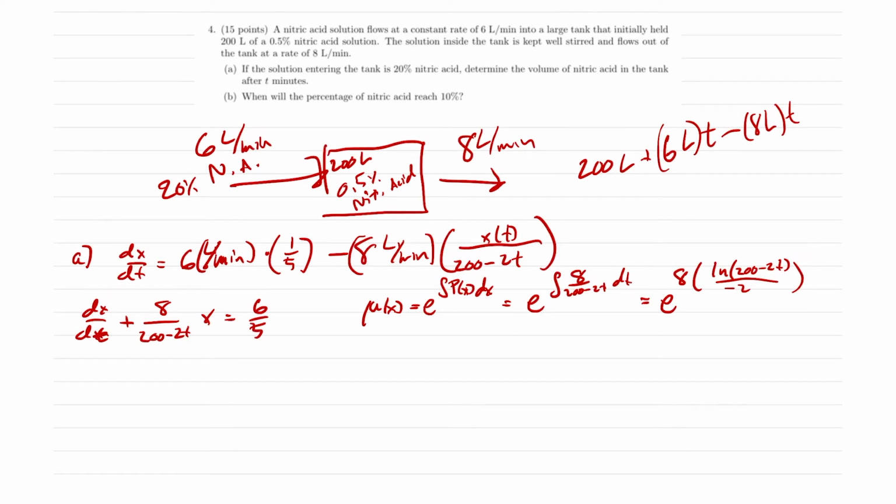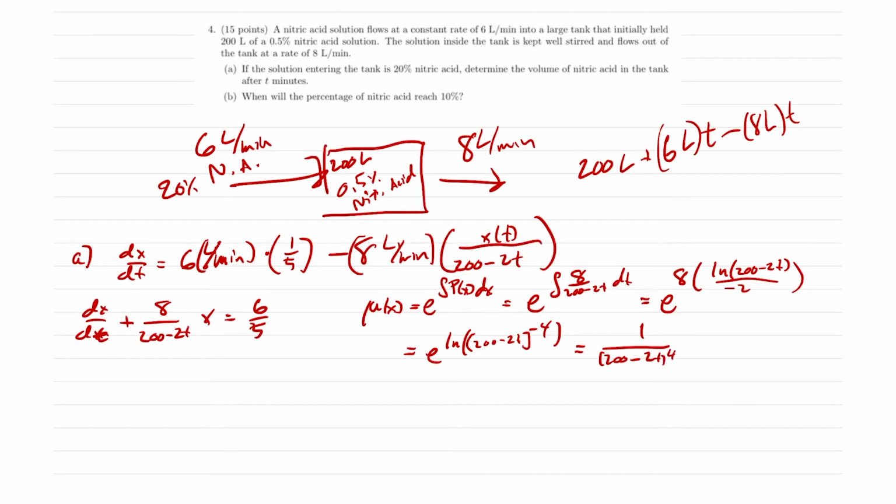And so this is e to the natural log of 200 minus 2t, and we have minus 4 out in front of it between the 8 and the minus 2, and so that goes up into the exponent. So this altogether becomes 1 over 200 minus 2t to the 4th power.